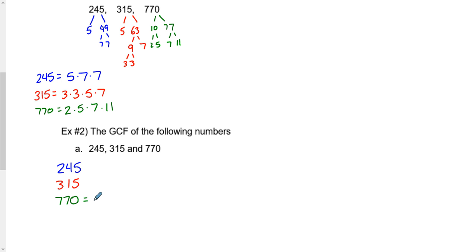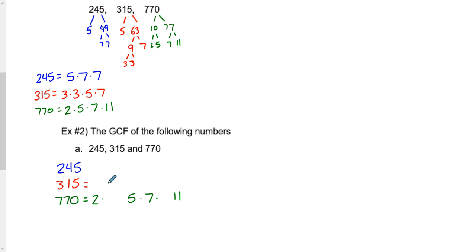So 770 is a 2, a 5, a 7, and an 11. I say it, but I don't write it. And there is a reason for this. There's a method to my madness.